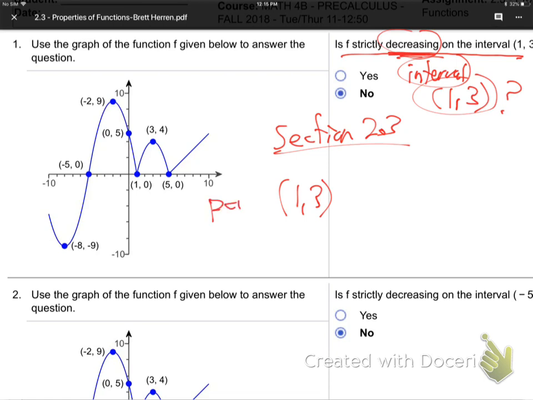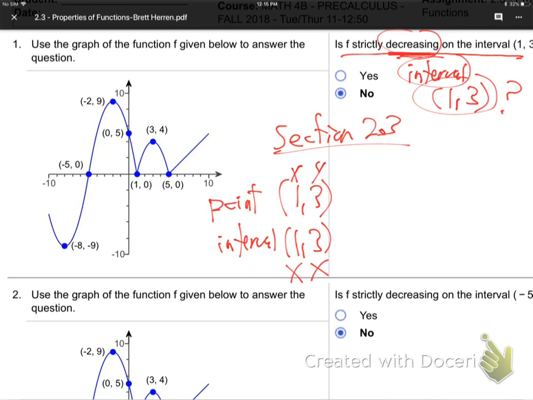If they say point (1, 3), then that's an x and that's a y, right? That'd be over 1, up 3, somewhere like there. But they didn't say that. They said interval (1, 3). When they say interval, those are both x values. Do you realize that? Parentheses, comma, two numbers can actually mean two different things depending on the word in front, point or interval.